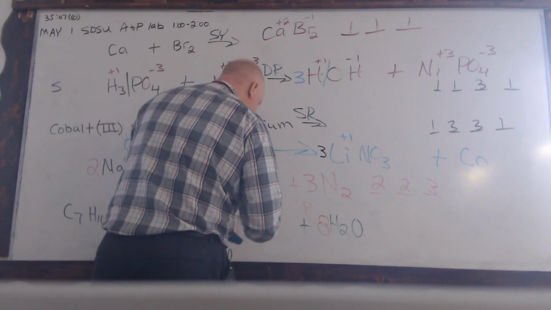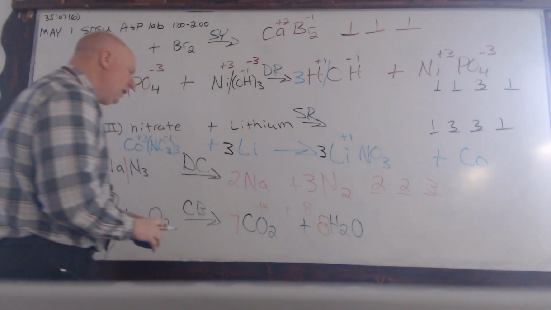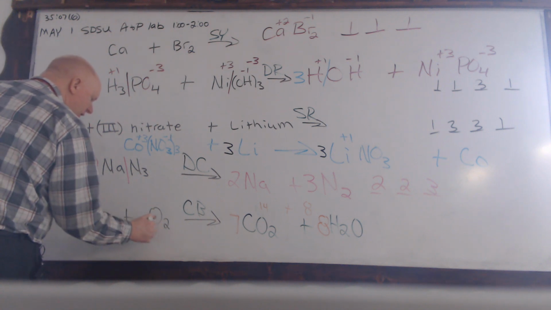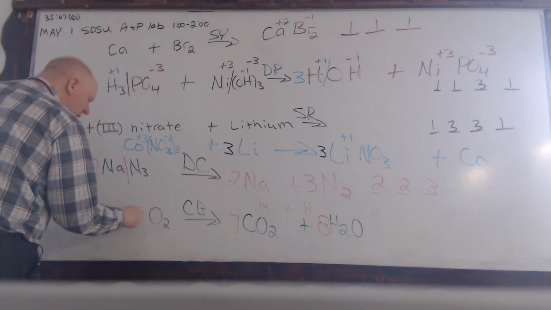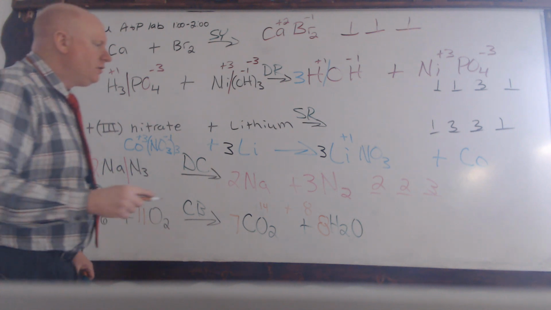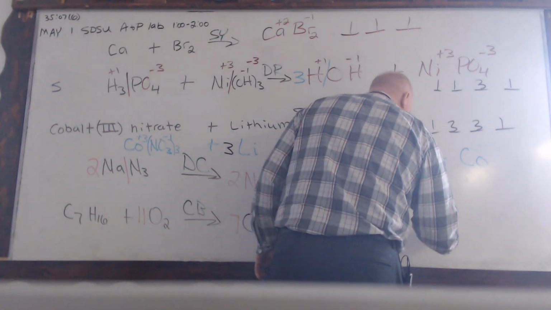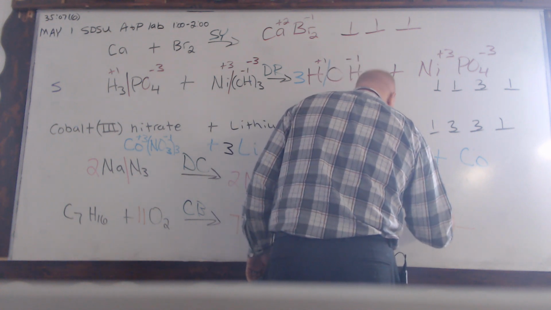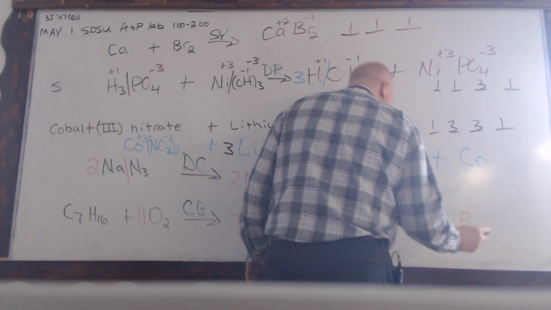I don't know why it looks like a minus; that's plus, that's what I meant to write. So 14 plus 8 gives you 22 for oxygens. 22 divided by 2 would give you then 11. So your 4 subscripts are 1, 11, and then 7, 8.